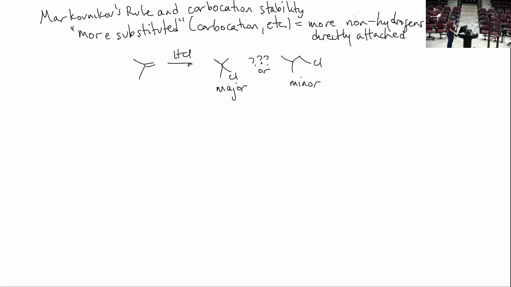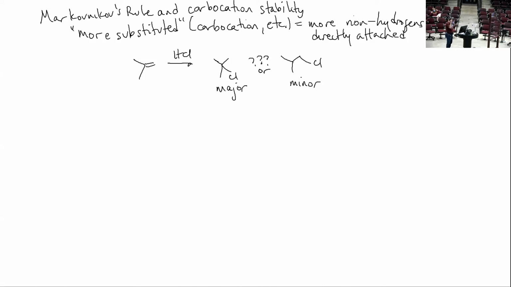So another way, and I think a much better way of stating Markovnikov's rule, and again, this is all in the class notes, I've given it to you straight out. And that says the following: when you react an unsymmetrical alkene with an unsymmetrical reagent like HCl, HBr, or HI, the major product is going to be the one that comes from the most stable possible carbocation that you can get.